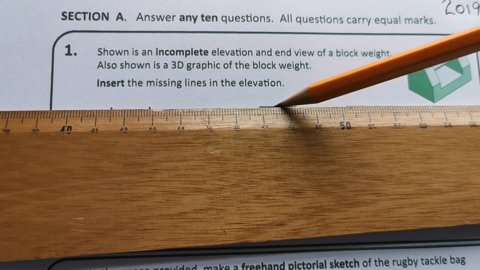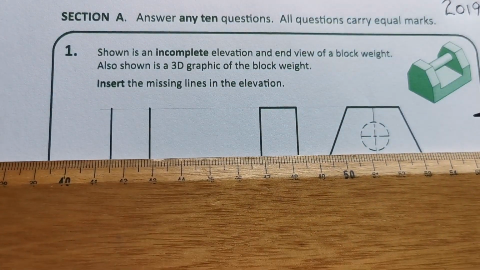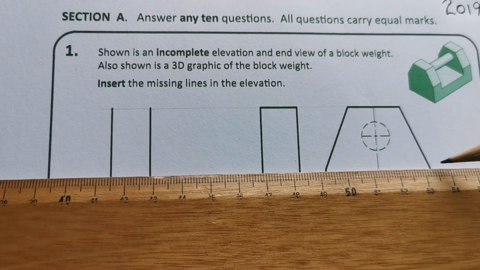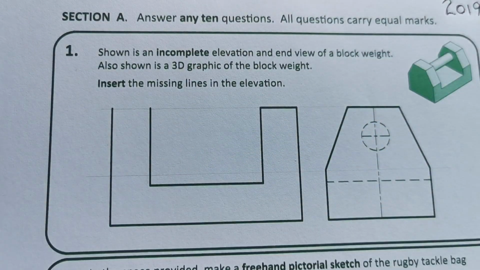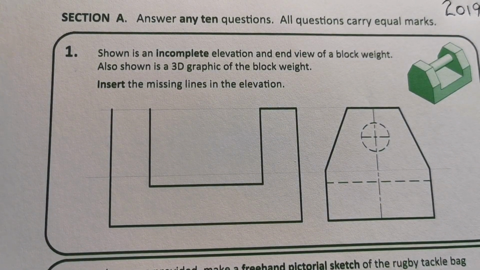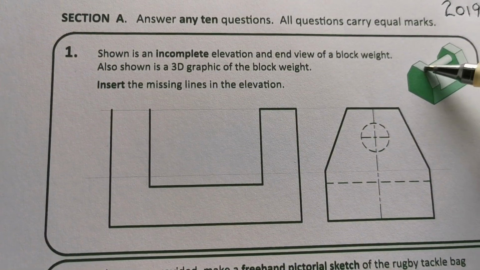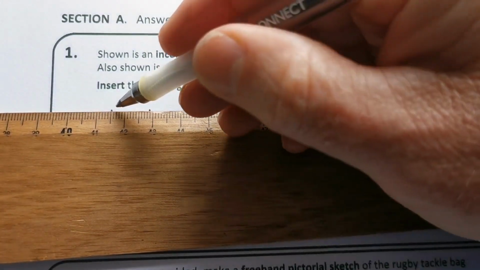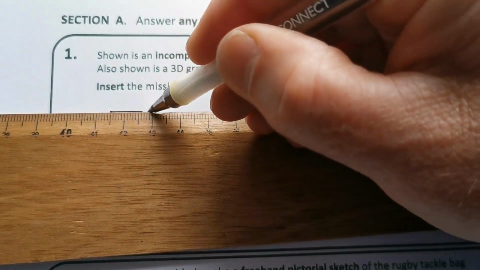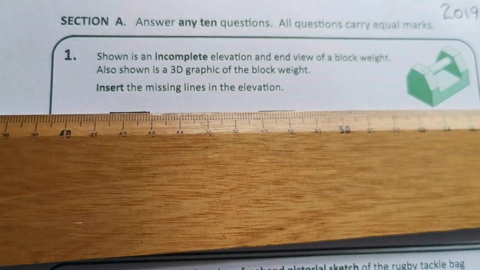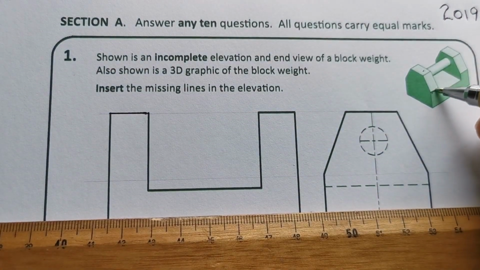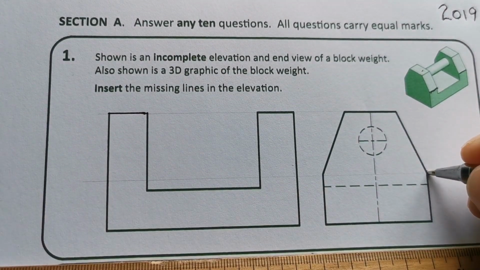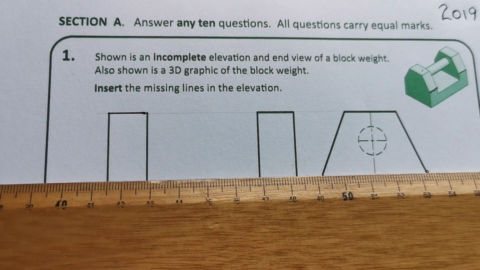So I'm just going to project across some of the key ones. Now, just to have a look there, we're missing the top of the block weight here on the left. We are missing these two here, where the slope begins, so just project it across that height there.